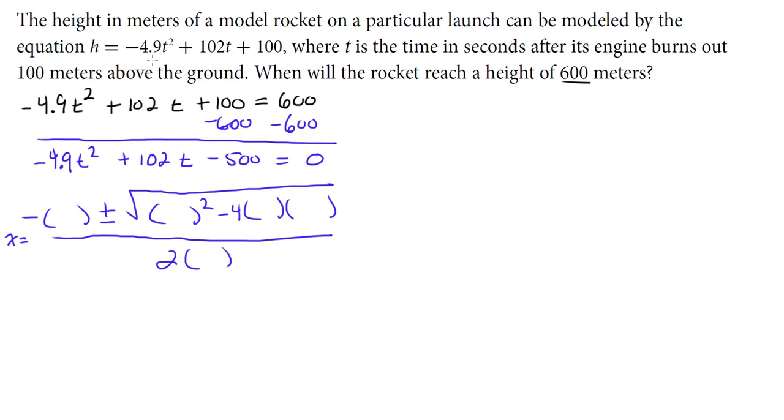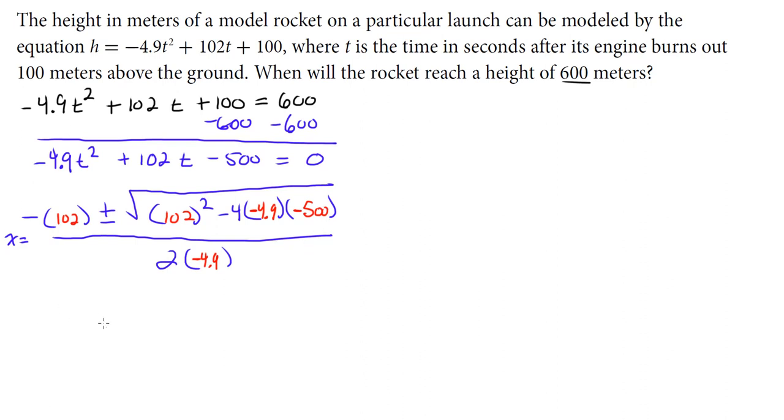Again, excuse my wobbly lines, and let's plug in our numbers. My b value is 102, so that goes here and here. My a value is negative 4.9, that goes here and here, and my c value is negative 500.